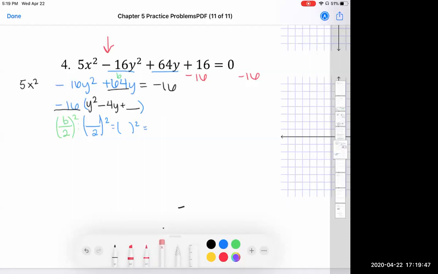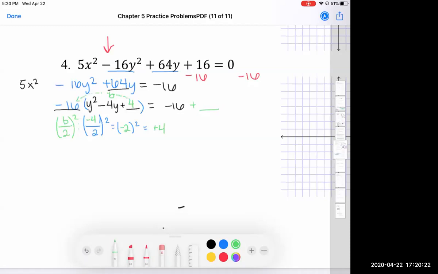So my b is not 64. My b is negative 4. So I have negative 4 over 2 gives us negative 2. And negative 2 squared gives us, I'm sorry, positive 4. I write 4. I need to write that also on the other side. And I have to multiply 4 by 16. That gives us 64.